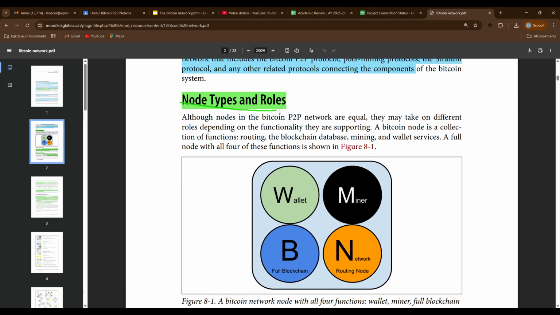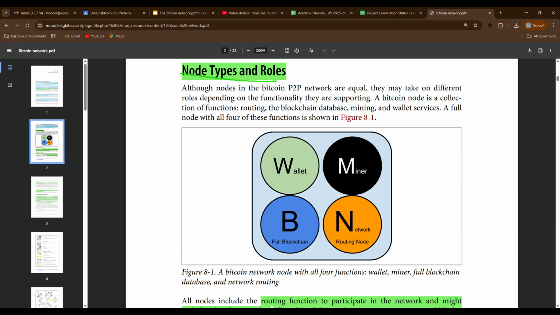So what are the different types of nodes and what are their roles? Even though we say that all the nodes in the Bitcoin network are equal, they perform different roles, they've got different functionality. Okay. So what are the different functions? Routing the messages, having a blockchain database, performing the mining function, and in case you want to buy and sell some cryptos, it's the wallet service.